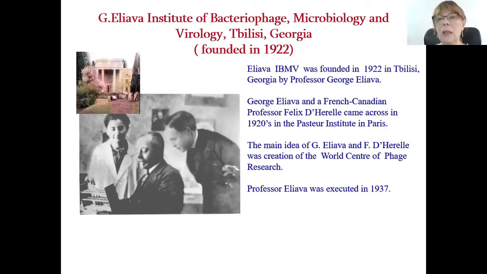And fortunately, he managed to prove those experiments, after which d'Herelle was invited to the Pasteur Institute, and d'Herelle and George Eliava became great friends and colleagues. Due to their friendship and collaboration, our institute was developed, which is 100 years old today.